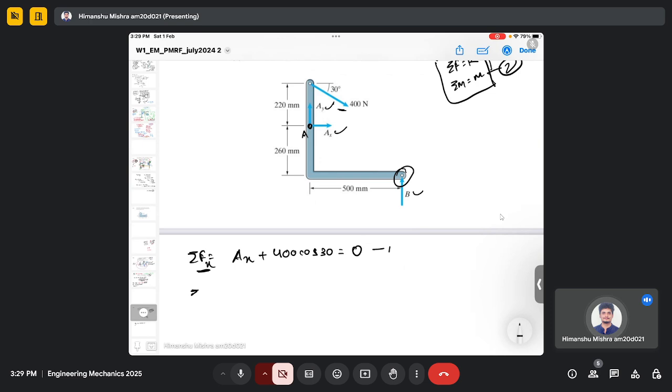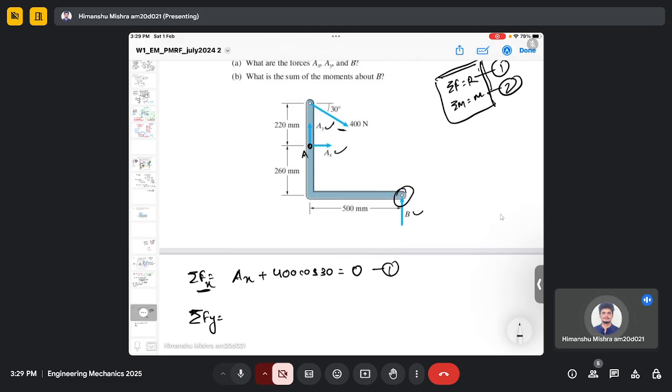So this is my equation 1. And in equation 2, I have to sum all the forces in the vertical direction. So it is Ay plus the component of this force, which is 400 sine 30, plus B equals 0. So this is my equation 2.